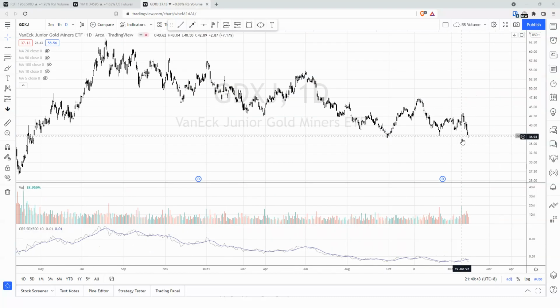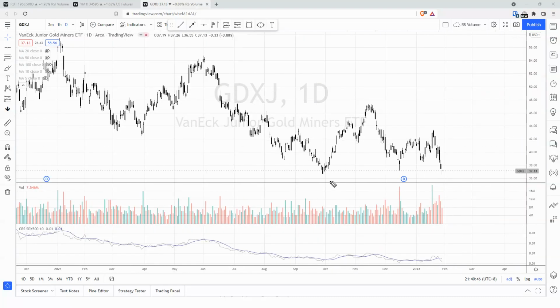I think what we can rely on is a support level here. Right now it is 37 or 36. Somewhere around there is quite a support that you need to hold. In terms of the volume, there is increasing volatility coming down.